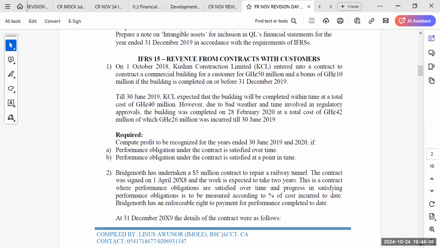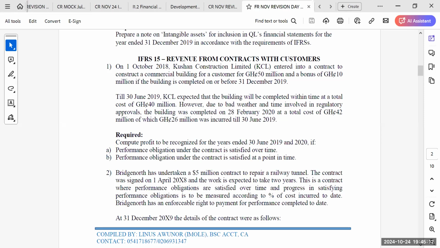Okay. So let me take that again. However, due to bad weather and time involved in regulatory approval, the building was completed on 28 February at a total cost of 42 million, of which 26 million was incurred to 30th June 2019.